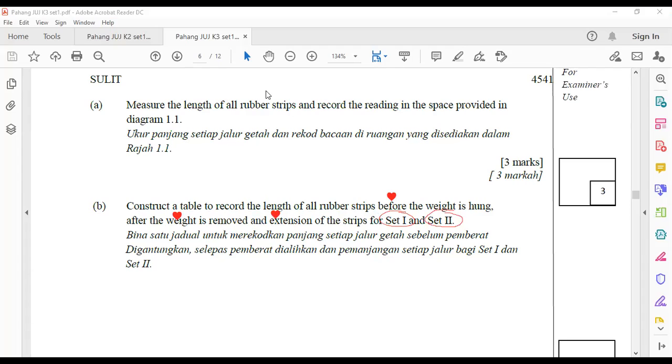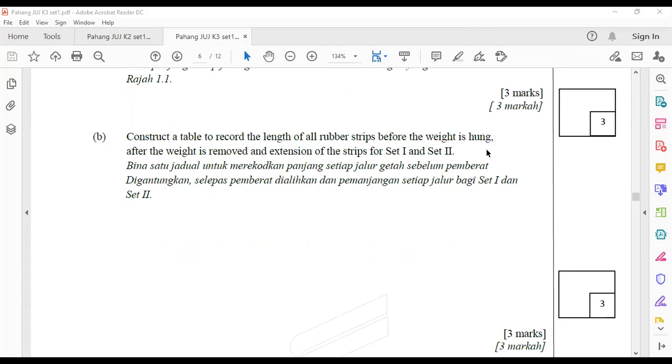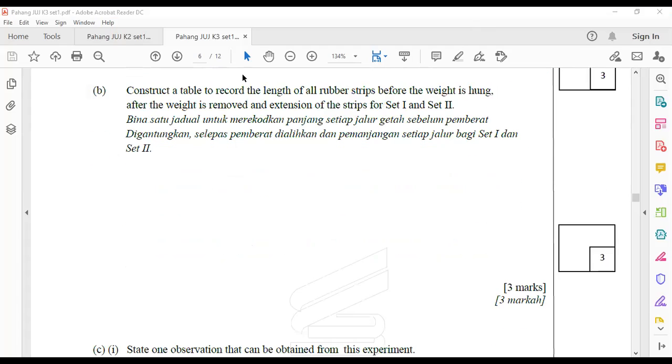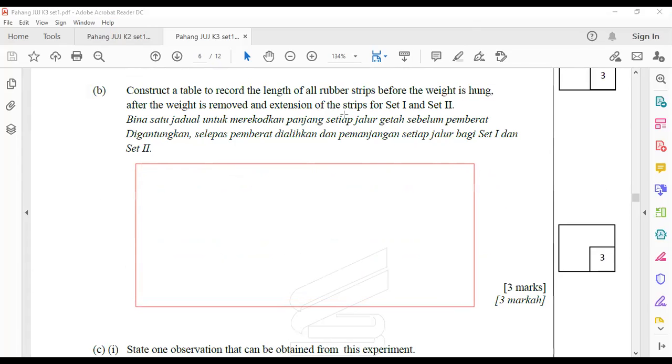So what you are going to do will be, you can have a table. Now I'm going to put your answer here. You can have a table. This is your table. Okay. Next, you are going to put the line. Okay.